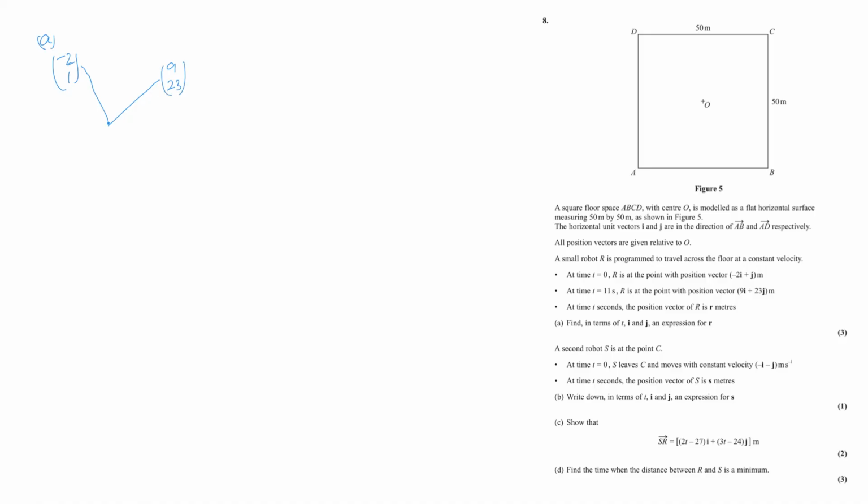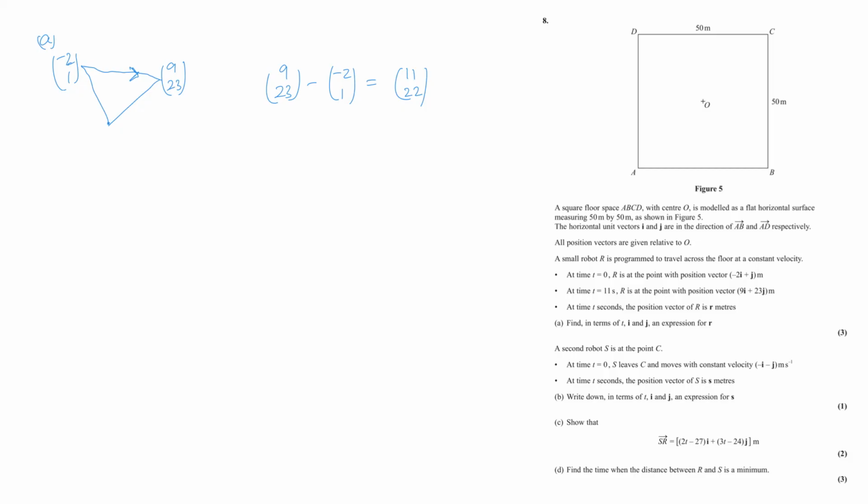Okay, and this is at 0 seconds, this is at 11 seconds, so that's the distance I want to travel. So 9 minus minus 2 is 11, 23 minus 1 is 22.